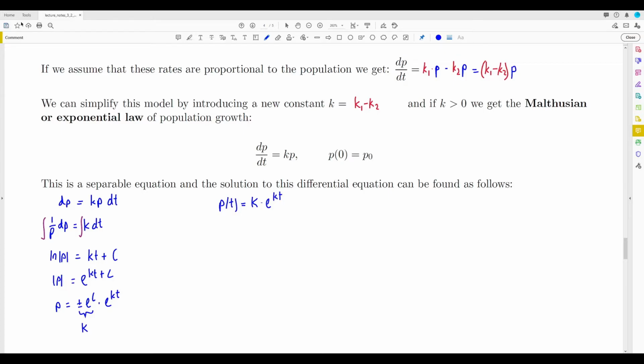Now I have an initial condition. The initial condition is that P of 0 equals P naught. So when I plug that into my equation, I get P naught is K times e to the power k times 0.